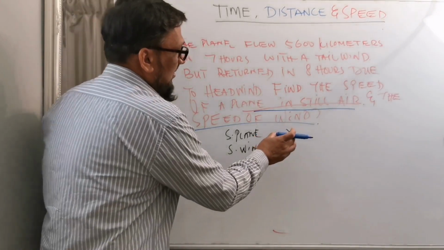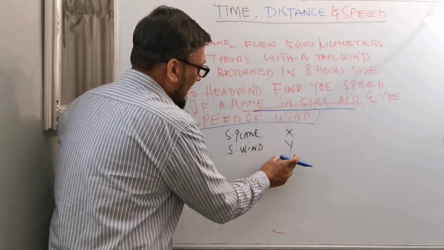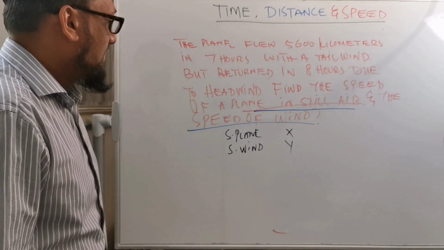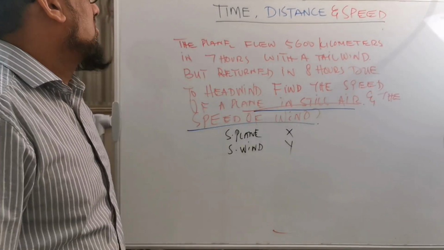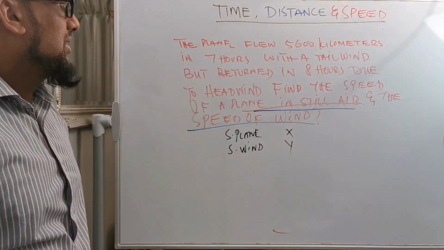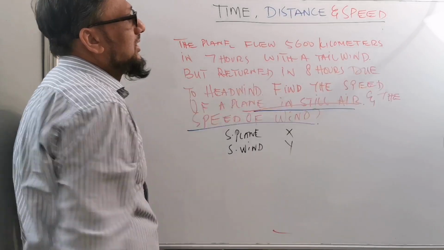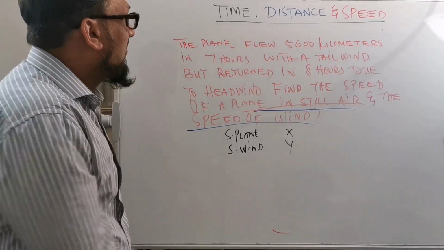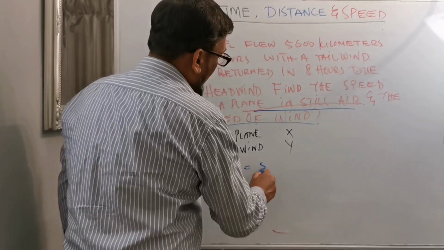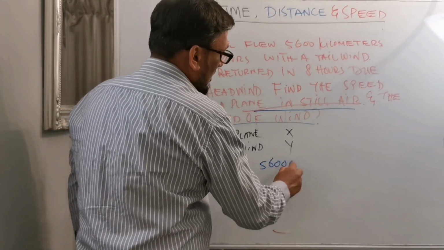So there is an x and there is a y. The examiner is asking about the plane, how many kilometers. So the distance covered, the total distance they're giving you is 5600 kilometers.